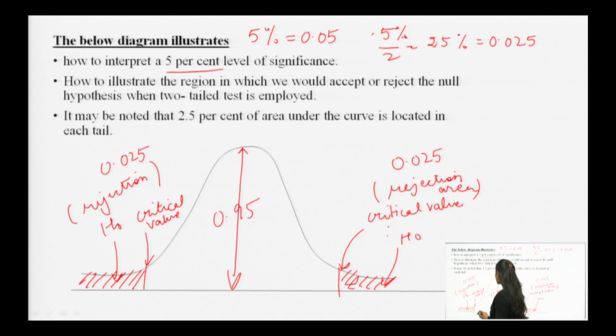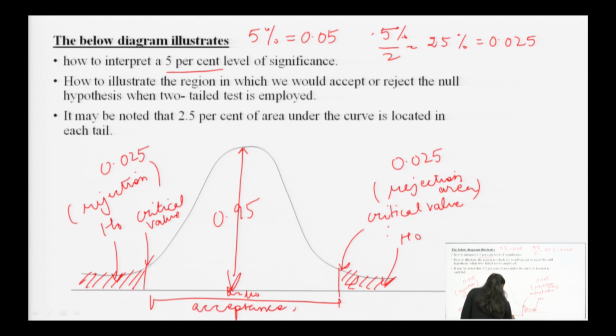So, this is my point at which mu is equal to mu naught, and this is my acceptance region, and these both regions are my rejecting areas. This is the area which is called acceptance.